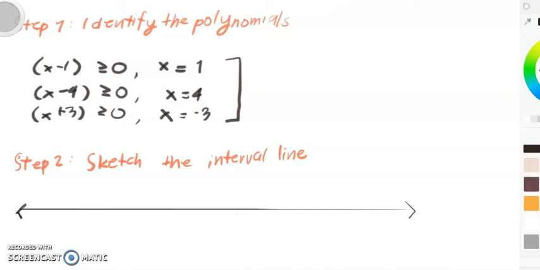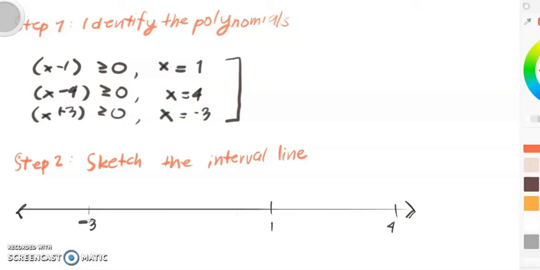This one goes to negative infinity, and this goes to positive infinity. On the left side, we have negative 3. Then we have our 1 here, and then our 4. Here lies all the possible values of x.